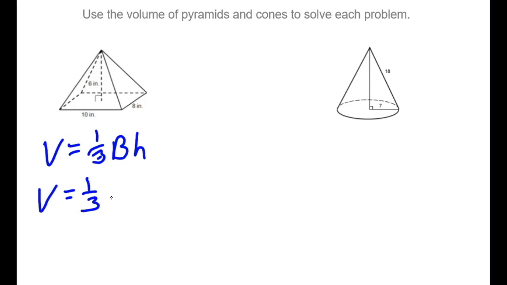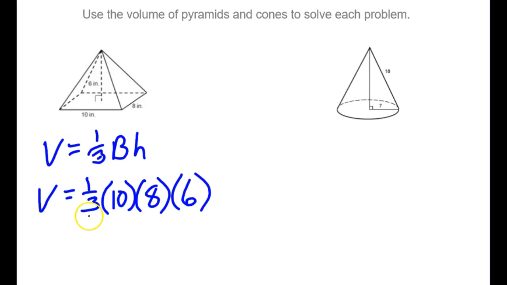The area of a rectangle is little b times h, that base times height. Don't get confused. We have two different terms for base right now. So if we're just finding the area of this rectangle, we're taking the base 10 times the height 8, or length times width. That's probably more useful right now. We're taking our length times our width. So 10 times 8. And then we have to multiply that by the height, which is 6.